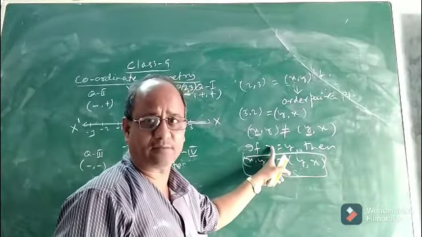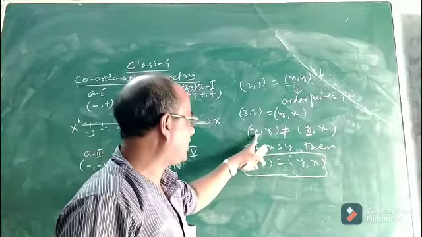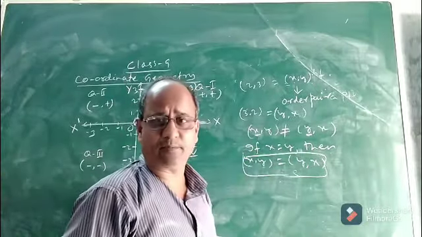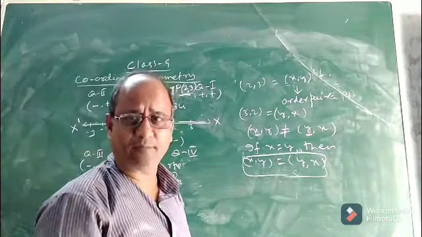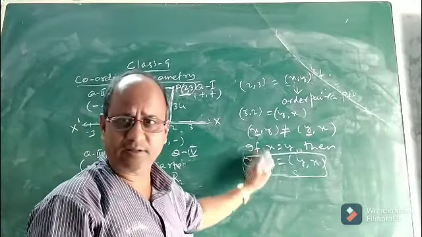If this condition is satisfied; otherwise the ordered pair (x, y) is not equal to the ordered pair (y, x). Okay, this is a very important thing. Abscissa, ordinate, I discussed everything.